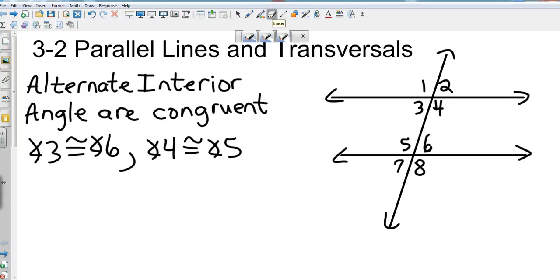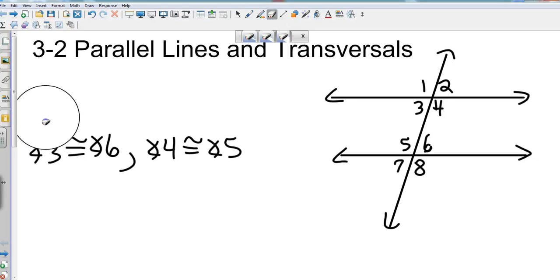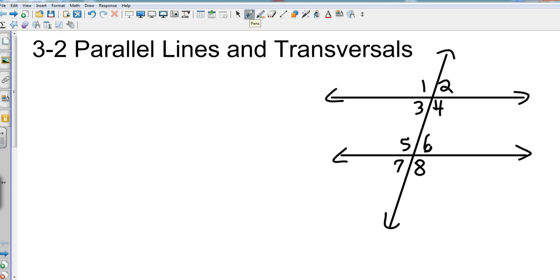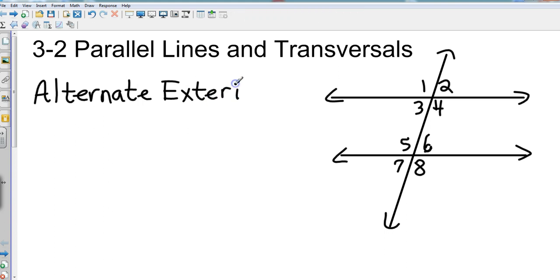So next we're going to get to alternate exterior angles. Alternate exterior angles are, guess what? They are congruent.